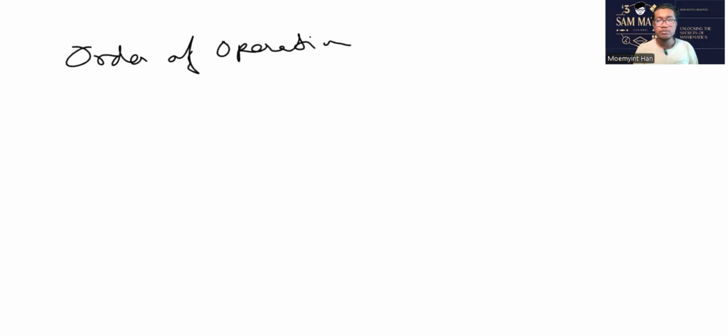I want you guys to remember a very important shortcut here, so please listen very carefully. PEMDAS. So what does PEMDAS mean? PEMDAS is short for what we should do in an equation: what do we do first and what do we do later? How the order of operations works is all about PEMDAS.